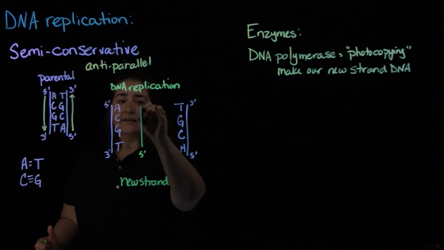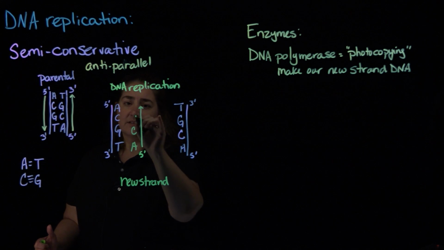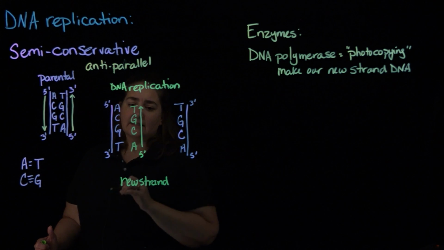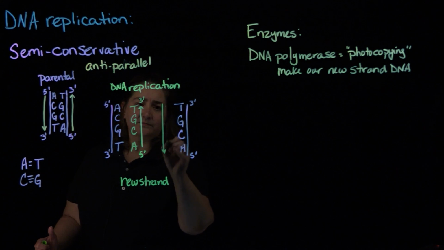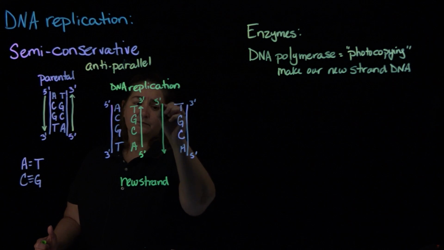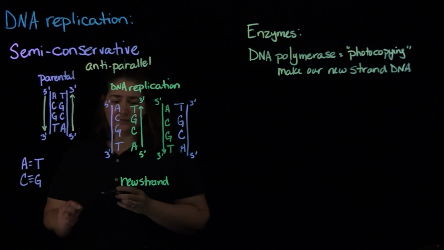And it's going to go opposite of what we've got here. So we would fill in A, C, G, T here. On this side, we're going to fill in A, C, G, T.